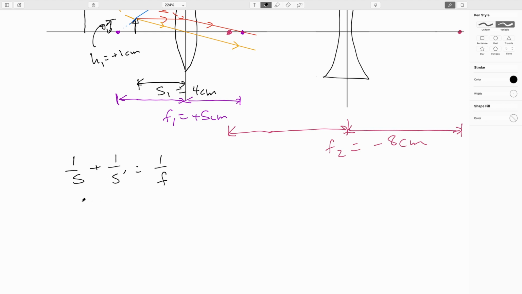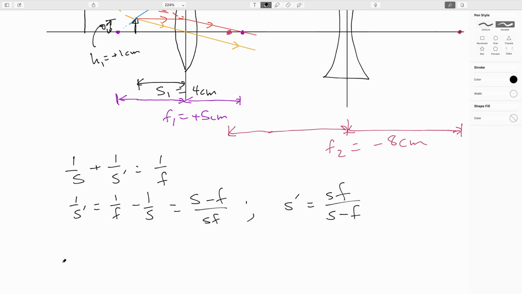And we can rearrange that to get 1 over s prime equals 1 over f minus 1 over s, put on a common denominator, s minus f over sf. So this will give us s prime equals sf over s minus f. All right, so since we will be reusing this for the second lens, it's a good thing we did this all in letters first.